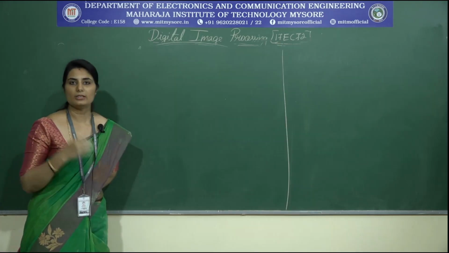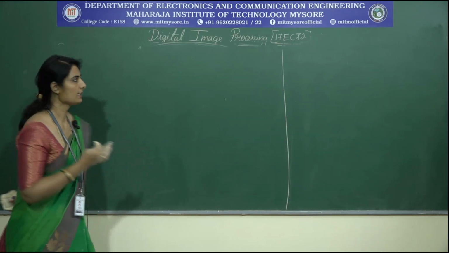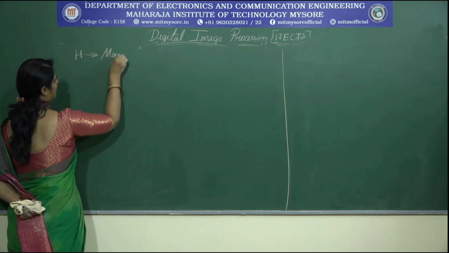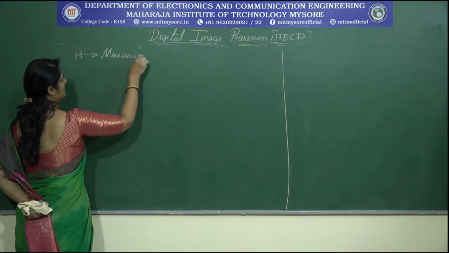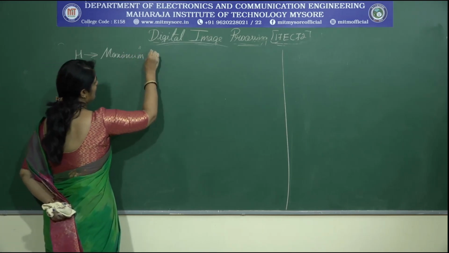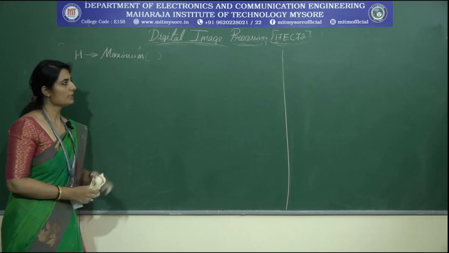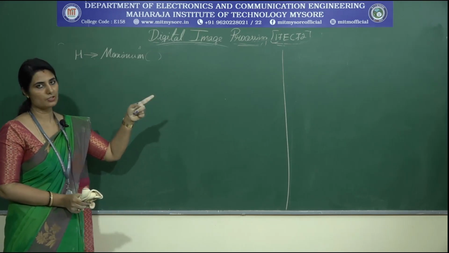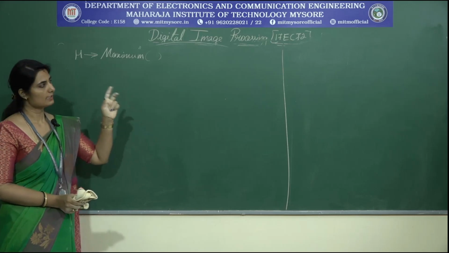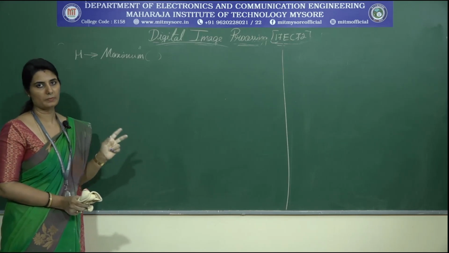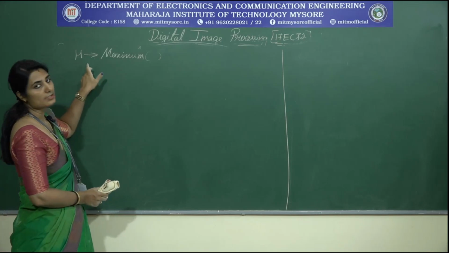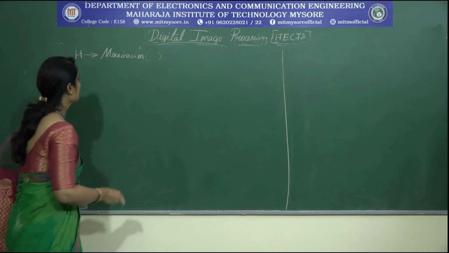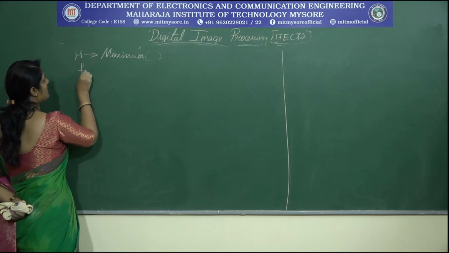To illustrate nonlinearity, let me consider the H operator as the maximum operator. In my previous example, I considered summation, which proves that the summation operator is a linear operator. Now, to illustrate nonlinearity, I have considered the maximum operator, and again I am considering two input images.